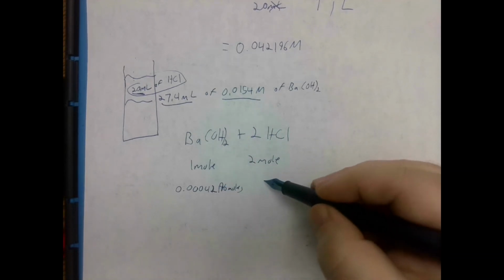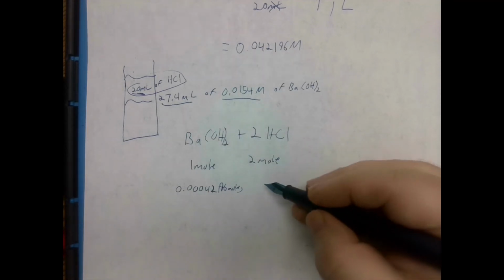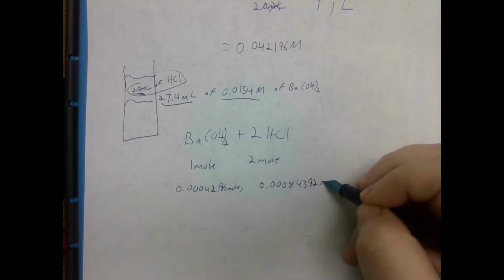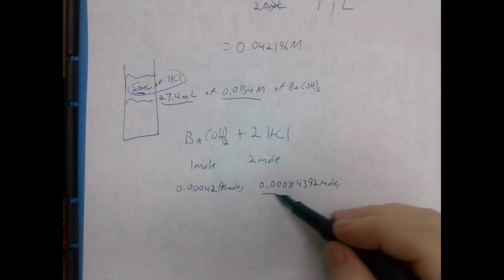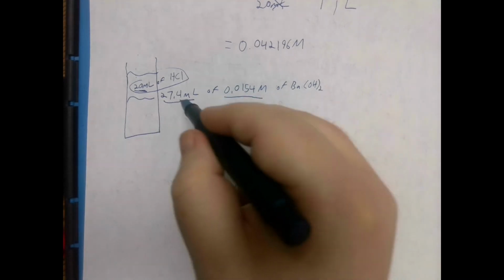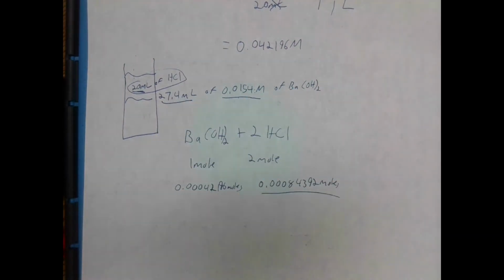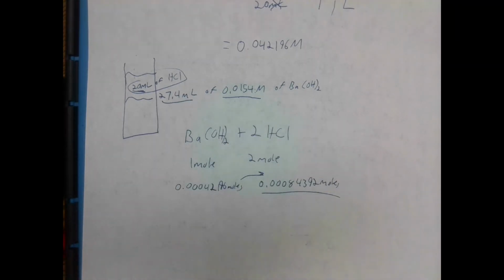So we know we had double the amount of moles in that solution that we added to 20 milliliters. So we had 0.0084392 moles of this. We knew the volume we added. So we know moles. It has to be this because we calculated how many moles this is. From molarity and milliliters, you can extract the number of moles in the solution. And since we know the volume and the moles, we can calculate the molarity of this.